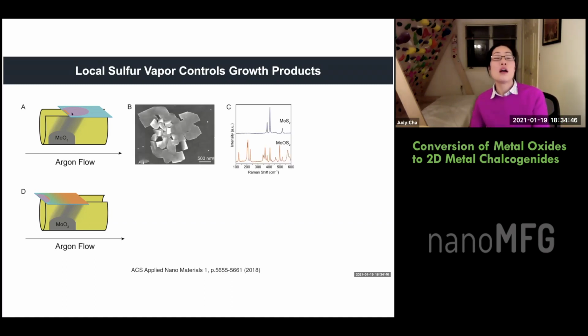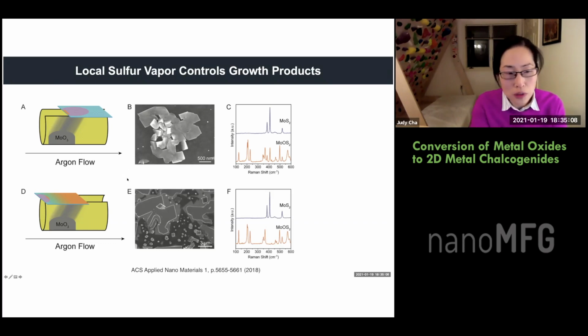So here, when you put the substrate a little bit to the right, there's slightly more moly vapor. And then he would grow these crystals that are definitely not moly sulfide. When you do Raman, we can identify it as moly oxysulfide. Then when he moves the substrate to the left, you're not getting as much moly vapor.